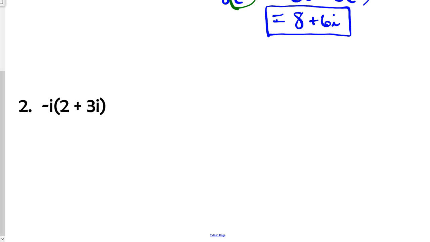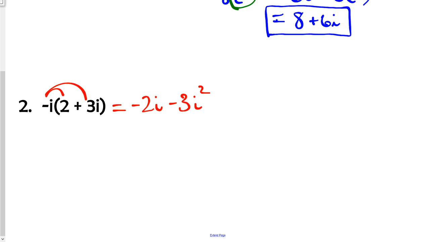We're going to use the distributive property again because these parentheses imply multiplication. So we're going to multiply the -i by 2, and we're going to multiply the -i by 3i. That is going to generate a -2i from the first product, and then it's going to give me -3i squared for the second product.